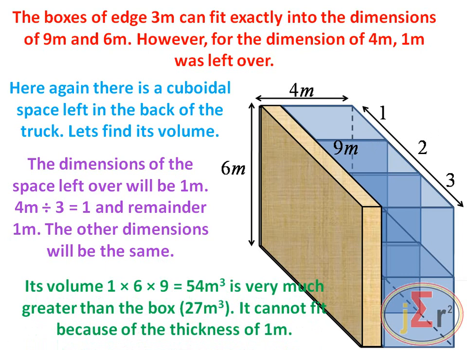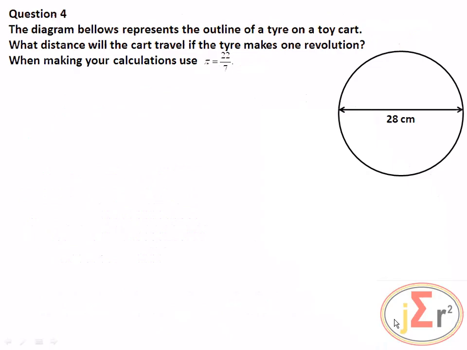Its volume, which is 1 by 6 by 9, 54 cubic meters, is very much greater than the box, 27 cubic meters. Although it is very much greater than the box, again we see that it cannot fit because the thickness of 1 meter cannot accommodate the dimension of the box, which is 3 meters.